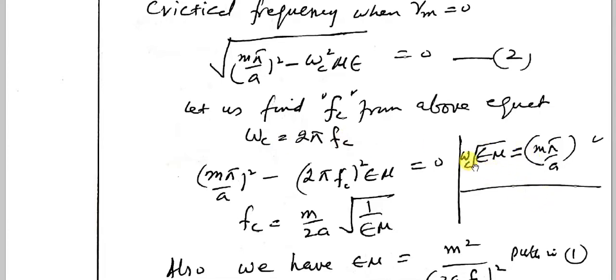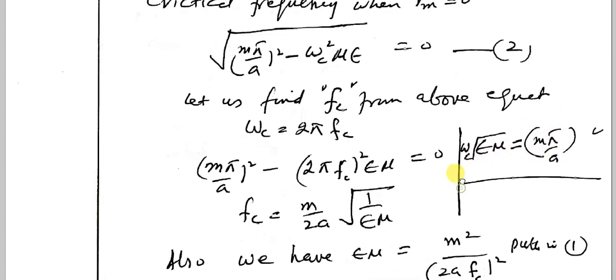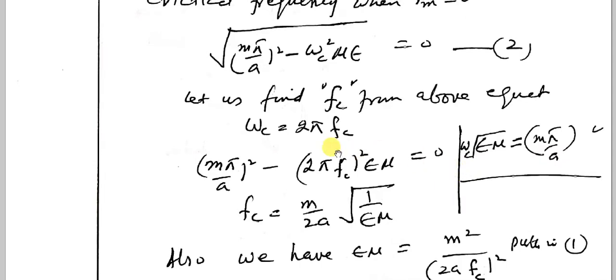Also we can put m pi over a equal to omega c square root of epsilon mu. From this relation, with omega c equal to 2 pi fc, we can get fc equal to m over 2a into 1 over square root of epsilon mu.